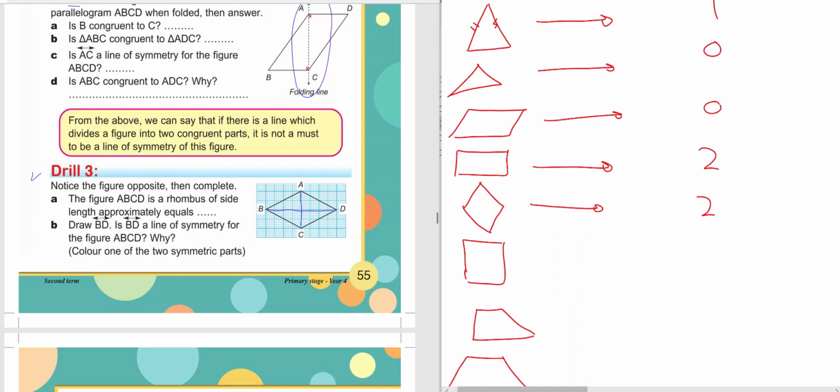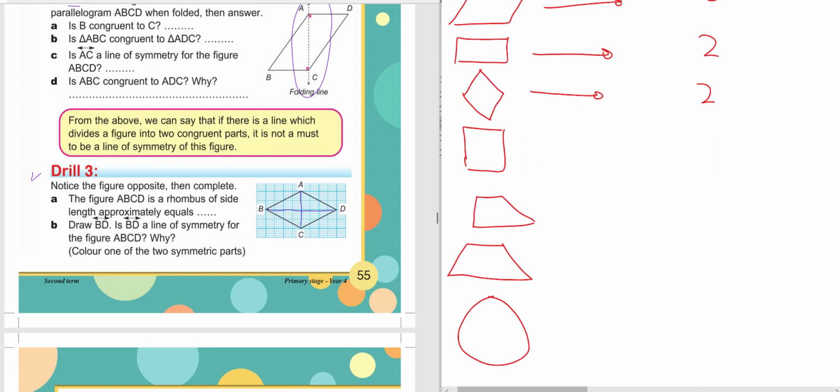Parallelogram, we said, has 0 lines of symmetry. Rectangle has 2 lines, and also rhombus has 2 lines. Square has 4 lines of symmetry.